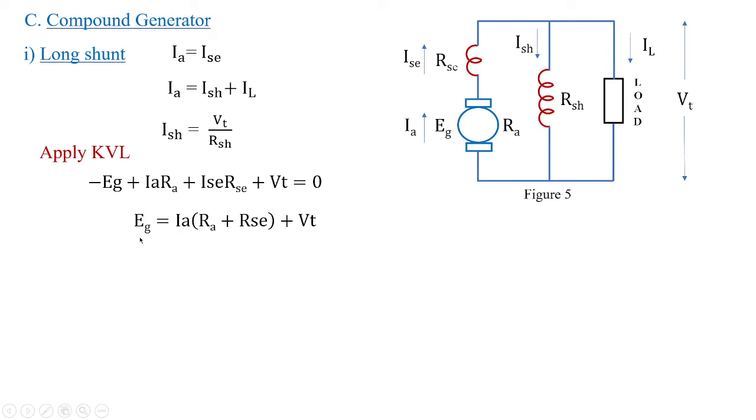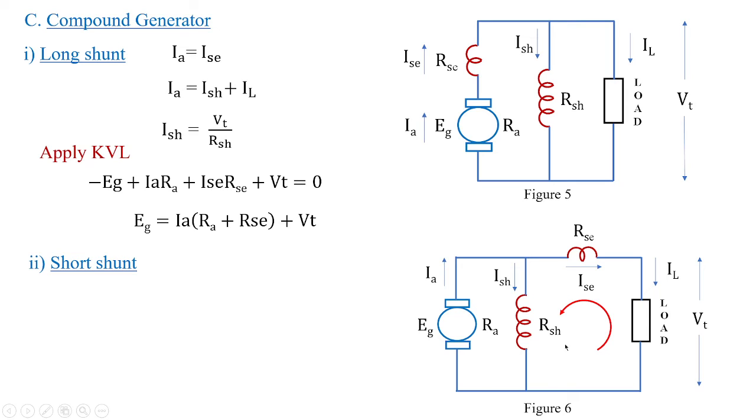In fact, EG would be equivalent to IA times (RA plus RSC) plus VT. What we need to remember is that the series field winding current and armature current are one and the same. So this gives us another relationship between terminal voltage and generated voltage for the long shunt arrangement.